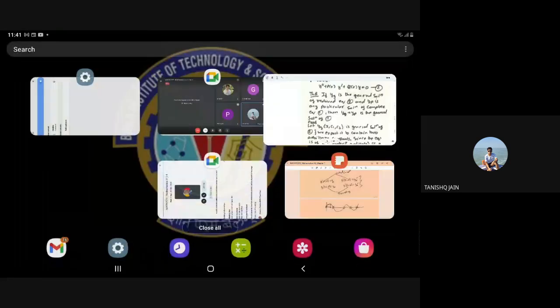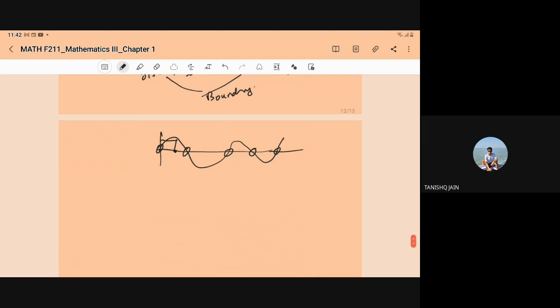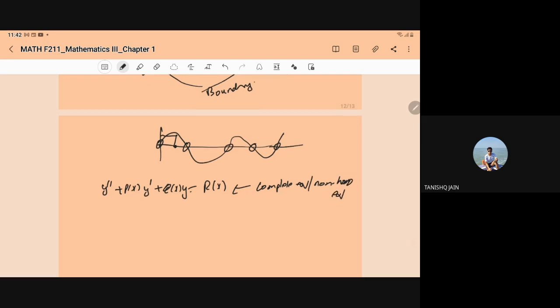The theorem states that we have the second order equation y double dash plus p(x) y dash plus q(x) y is equal to R(x). So this is the complete or non-homogeneous equation.